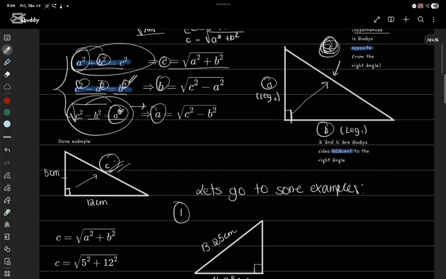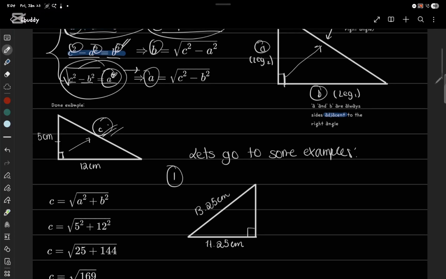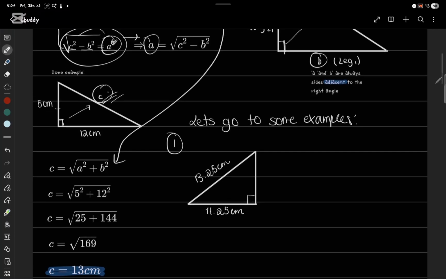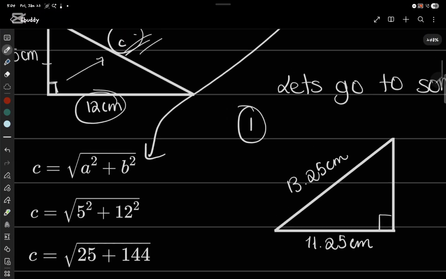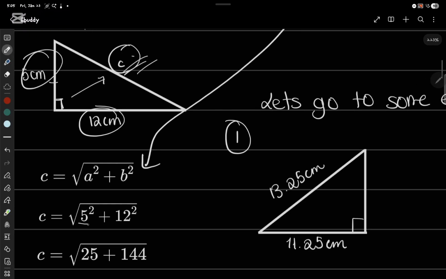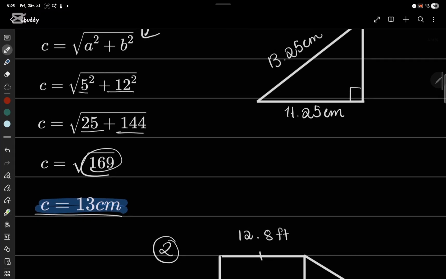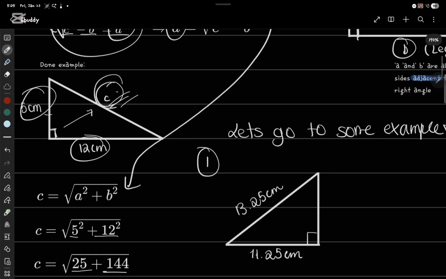I used this formula here, c equals the square root of a squared plus b squared. You plug in the values for a and b, so 5 squared plus 12 squared, and you have 25 plus 144 equals 169. You square root that, and that'll give you 13 centimeters as C.